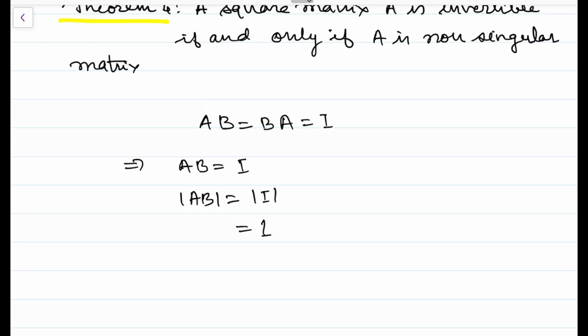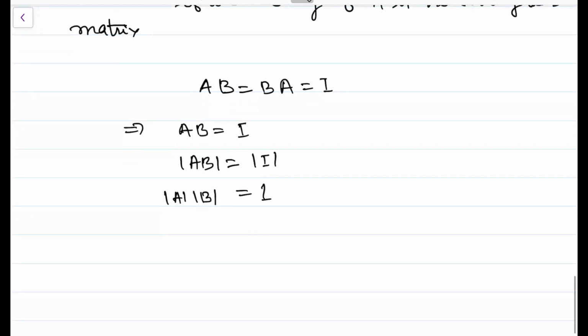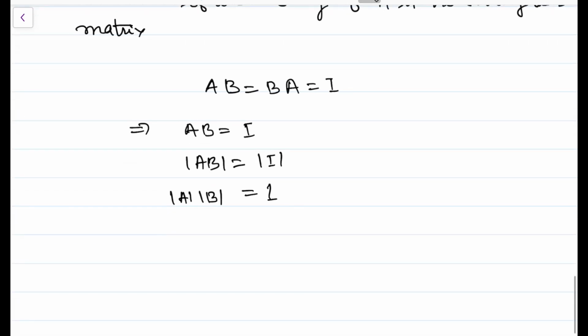As per theorem number 3, this will be determinant A into determinant B. Now the product of two determinants is equal to 1. It means that neither of them is 0. It means that determinant A is also not equal to 0.